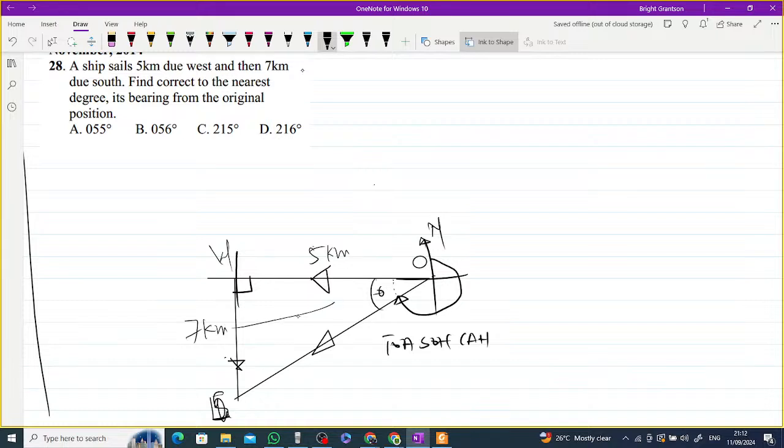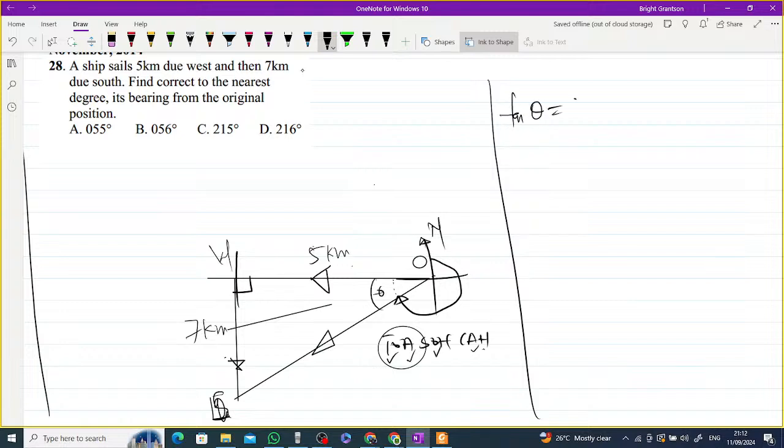So this is opposite and this one is adjacent. The one with the two sides is the one we use. So tan theta equals opposite over adjacent. Theta is going to be tan inverse of 7 over 5.